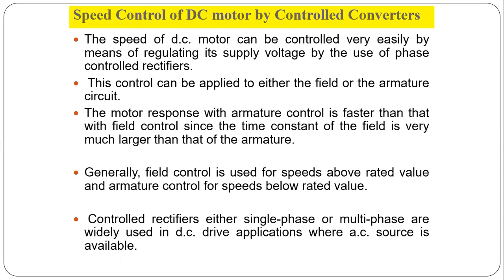Generally, field control is used for speed above rated value and armature control for speed below rated value. Controlled rectifiers, either single phase or multi-phase, are widely used in DC drive applications where an AC source is available. So this is the concept for the speed control of DC motor by the controlled converter.